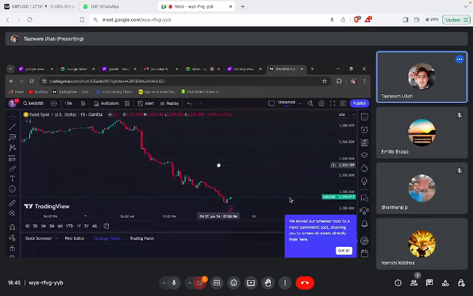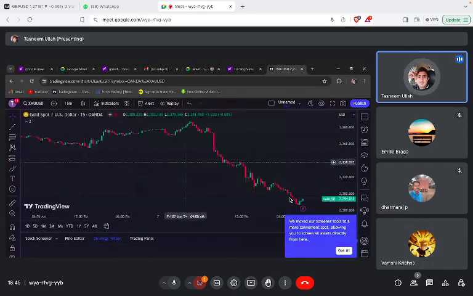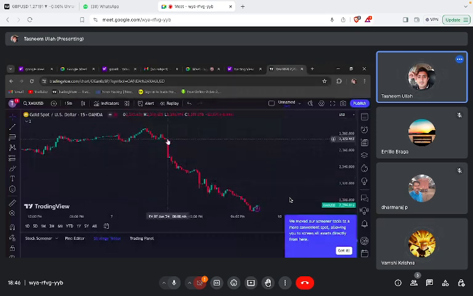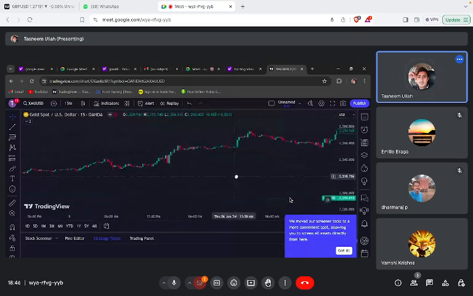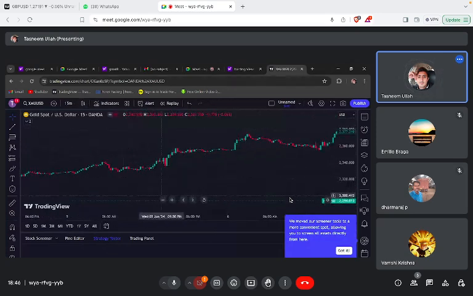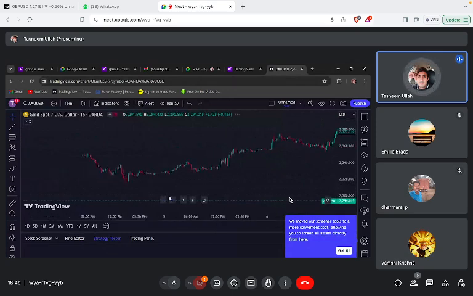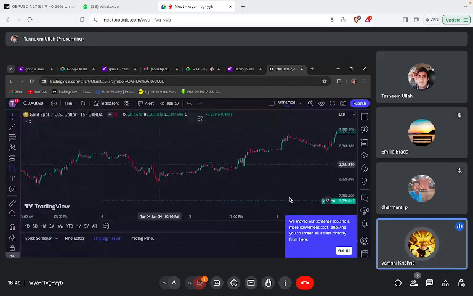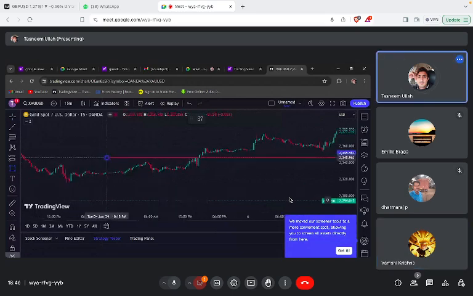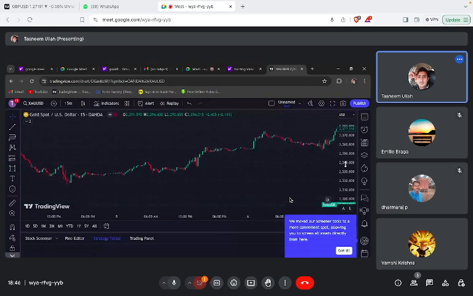Let me zoom it. I have worked on it before. Just wait a second, let me find an example. Sir, this one, let me mark it. You also zoom in a bit, the candles are very small. A few seconds, just wait. Is it okay now?